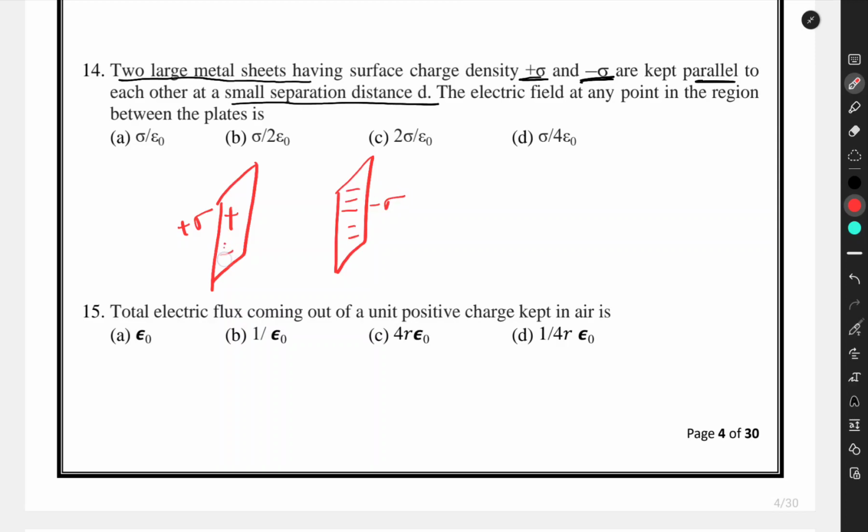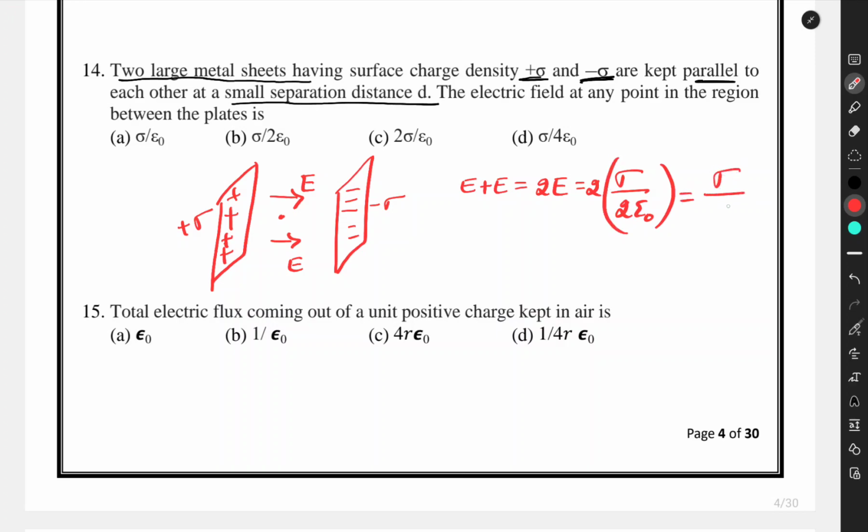What is the electric field at a point between the plates? Here the electric field due to the positive charge will be in this direction, let us consider E, and due to the negative charge it is also in the same direction and its magnitude is also E. Since the electric fields are in the same direction, we add E plus E, which is 2E, and at any point E is given by sigma by 2 epsilon naught, which we have already done in the derivation of the electric field due to a uniformly charged infinite plane sheet.